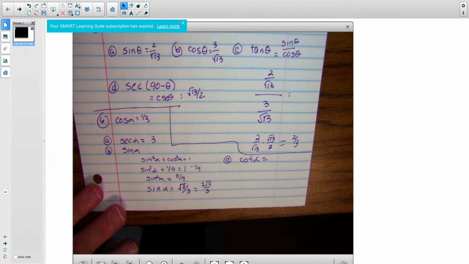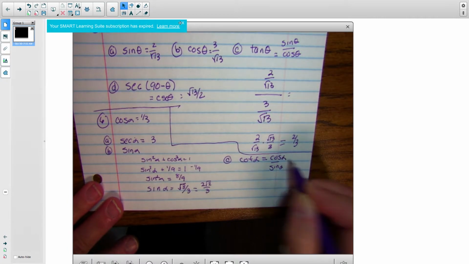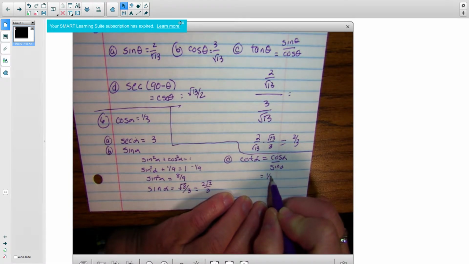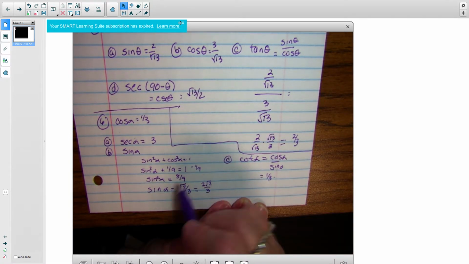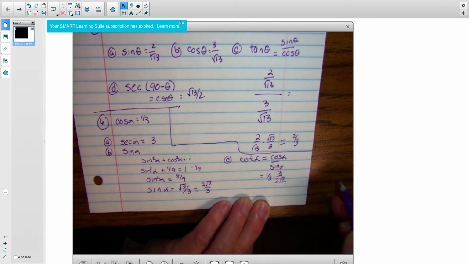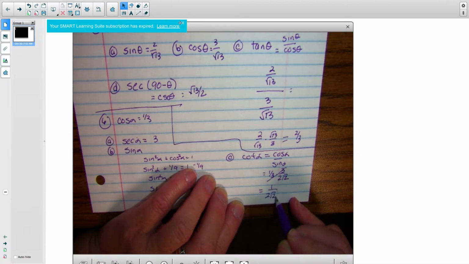C says cotangent. Cotangent is cosine over sine. Cosine is 1/3 multiplied by the reciprocal, which is 1 over 2 square root 2. I think you get square root 2 over 4.